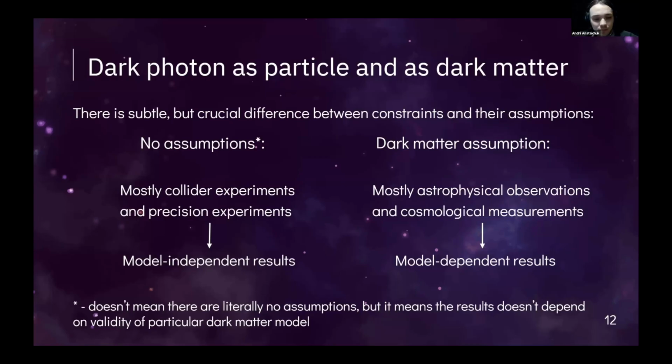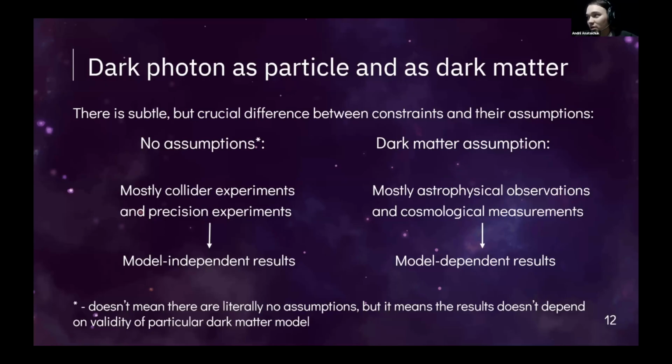And in this case, it usually happens in collider experiments and precision measurements. So in this case, you basically obtain model-independent results because you don't make any strong assumptions. But there is a case that usually goes to astrophysical and cosmological observations, where you make assumptions that the dark photon is a big part, or maybe even the only part of dark matter.